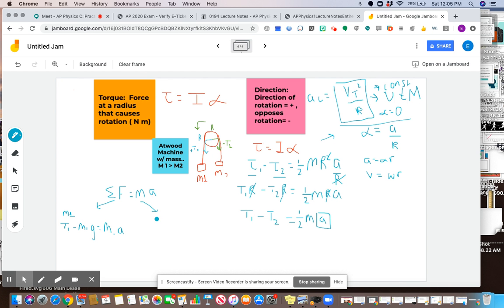Okay. For object 2, I have negative T2 plus M2G, right? Technically, because it should accelerate down, down would be positive. This one should accelerate up, so up is positive.